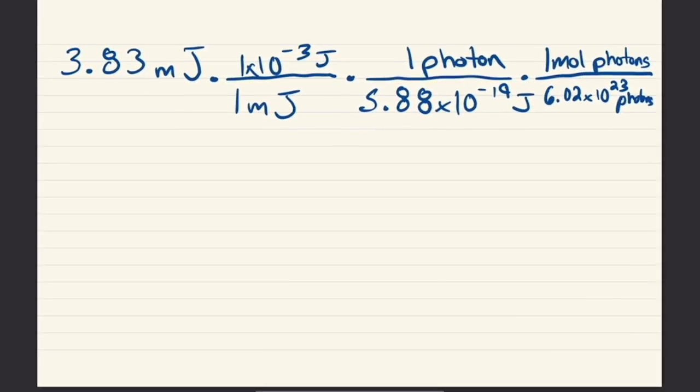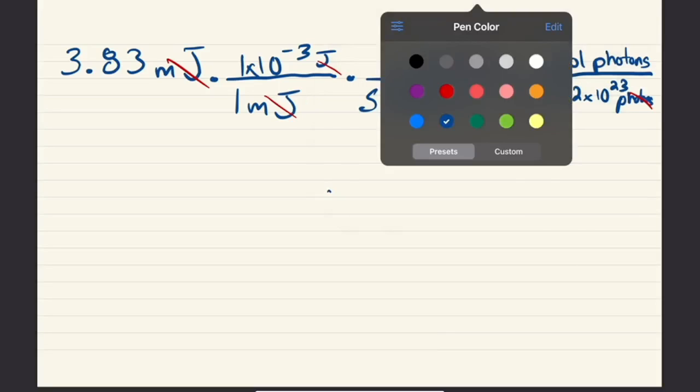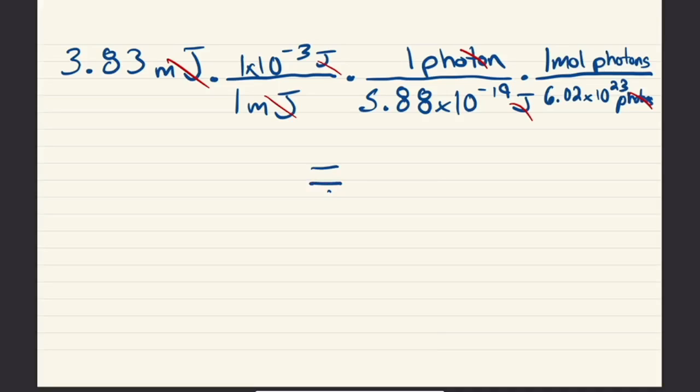So now we have effectively a two-step problem, conversion from millijoules to joules. We should be clear that we have converted our units. Joules have now turned to number of photons, and then number of photons, which is what Avogadro's number tells us, the amount, per 1 mole. So once we do this computation, we will have number of moles of photons.